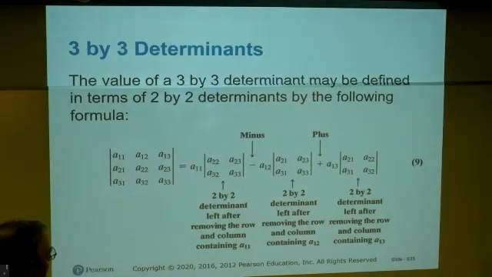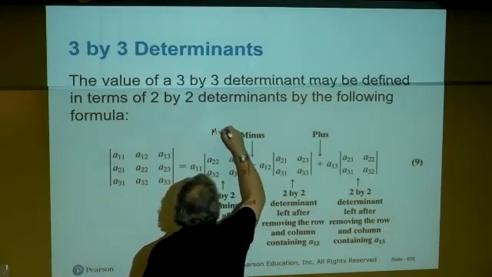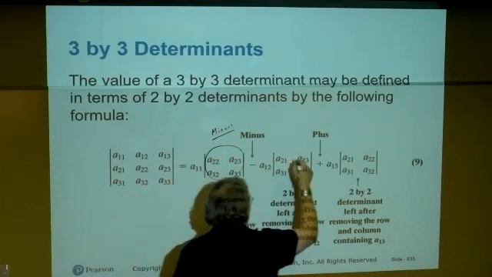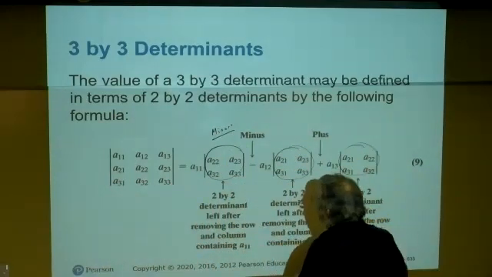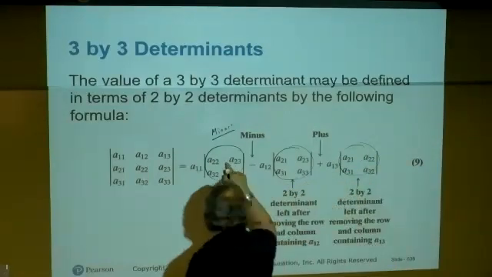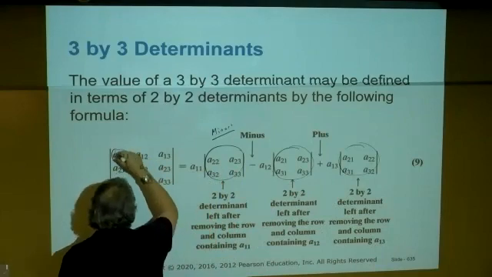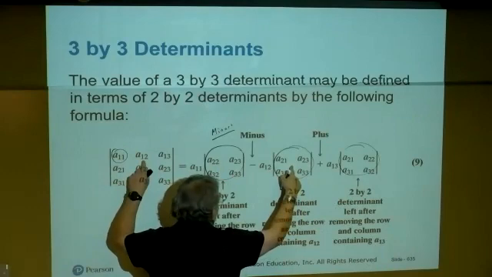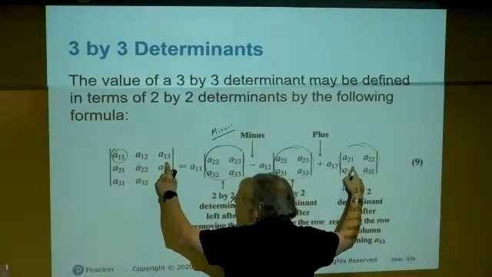Now, these are called minors. These matrices here, or these determinants, I should say, are minors. This is the minor for first row, first column entry. This is the minor for this one. And this is the minor for this one.